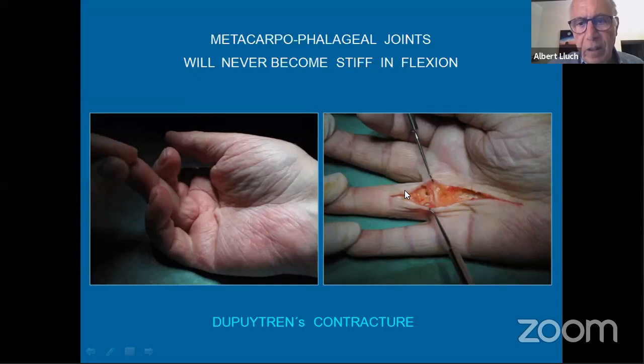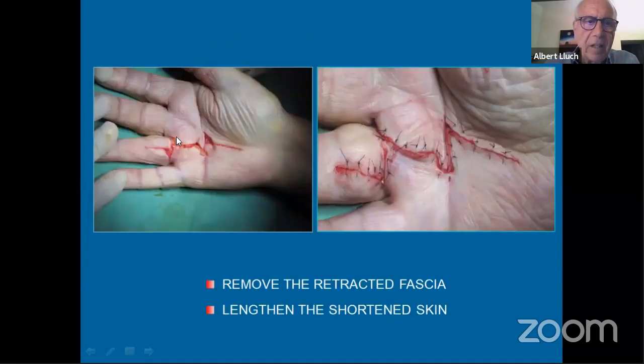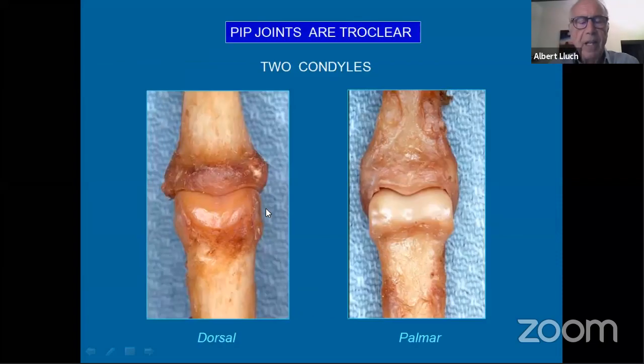The only thing you need is to remove the structures that cause the contracture of the joint, which is removing the fascia and a Z-plasty lengthening of the skin, because with time, the skin remodels also and needs to be lengthened at the base of the finger, in this case at the level of the transverse palmar crease. So I think it's quite clear the MP joint should be mobilized in full flexion.